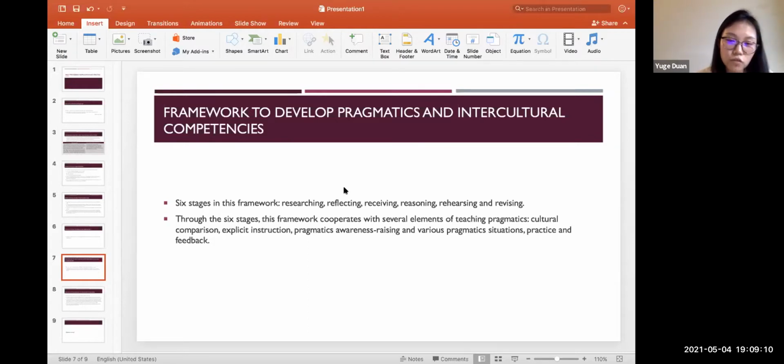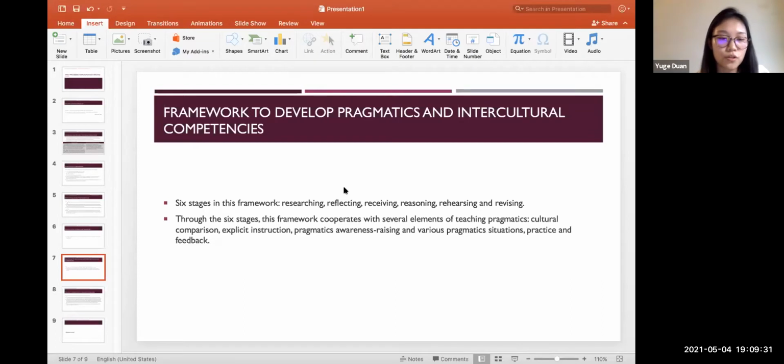In the later stages, learners received explicit instruction on how to perform pragmatics acts and also analyzed the data in the same way as they analyzed the data of L1. And the last 2 stages, rehearsing and revising, are about practice.